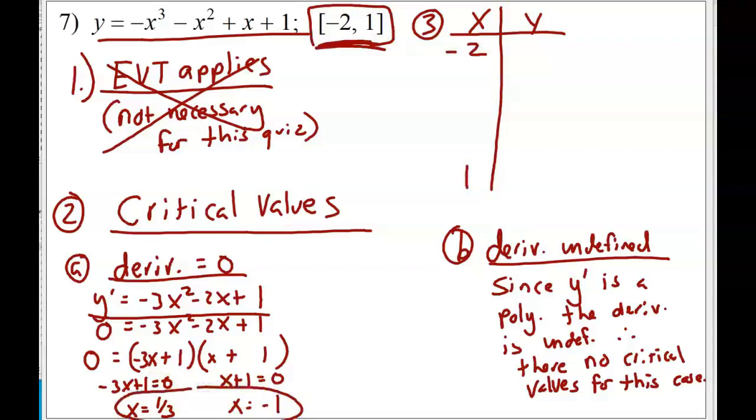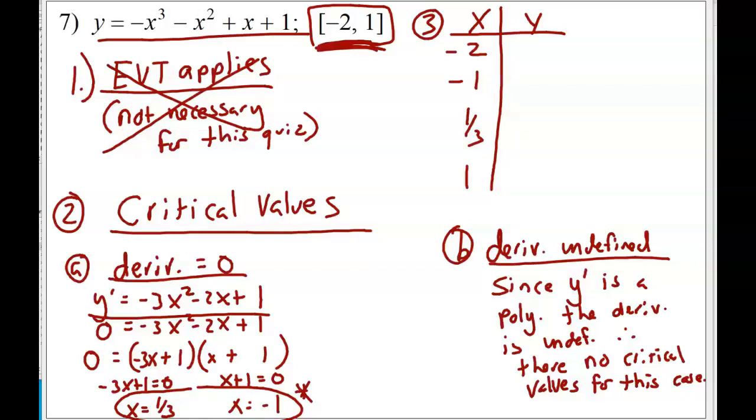The reason I advise you to do that is because sometimes if you forgot to make sure that these critical values are actually on this interval, at this point, if you follow that process, you'll catch it, okay? So I know that the next number would be -1 and then 1/3. And if I ever ended up with a critical value that didn't fit in between -2 and 1, I would see that, oh, I'm not going to use that one. I don't care about that particular critical value.